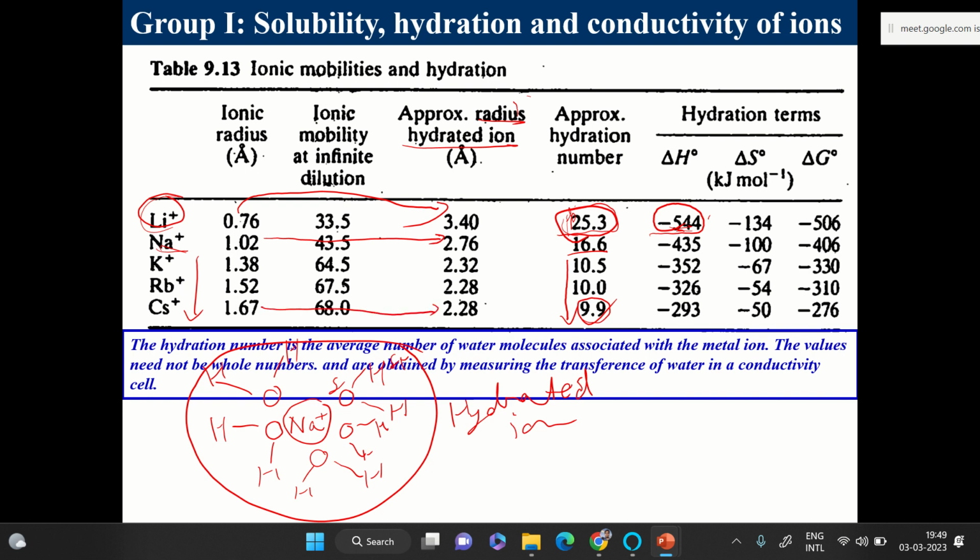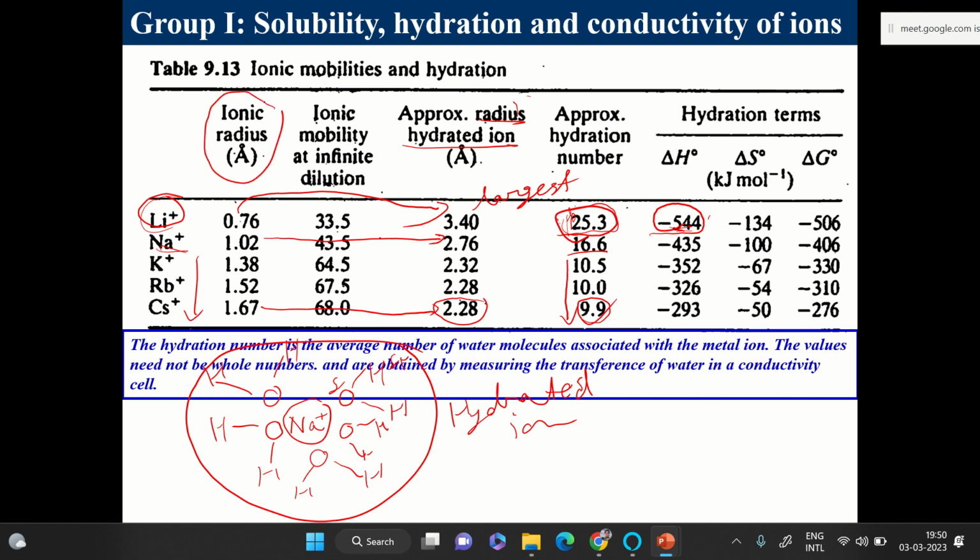So if you look at the hydrated ion, this one is the largest. Look at the hydrated ion, because there are 25 water molecules surrounding it, 3.4, whereas it is 2.28 for this. So you can see कि बहुत बड़ा अंतर है.